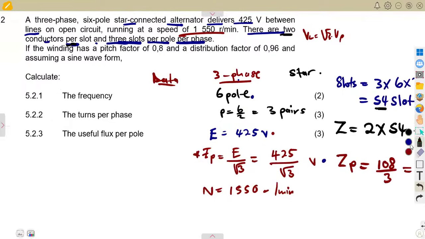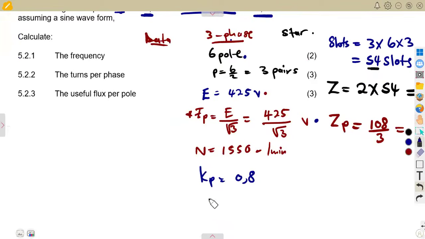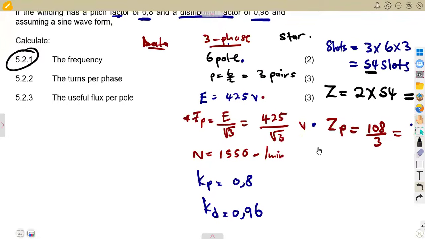We are also given the pitch factor of 0.8 and the distribution factor of 0.96. Assume a sine wave. Calculate the frequency.